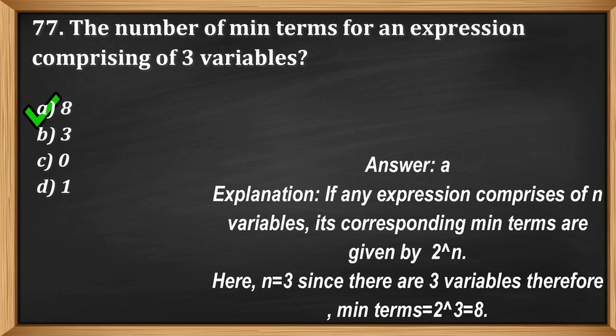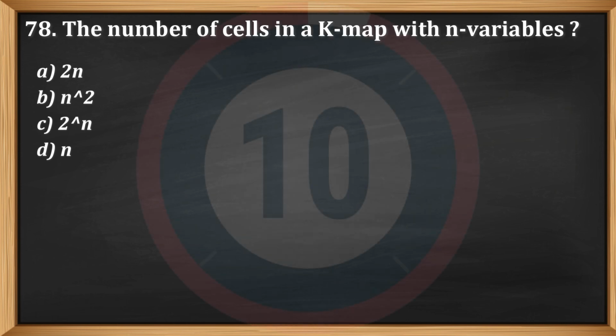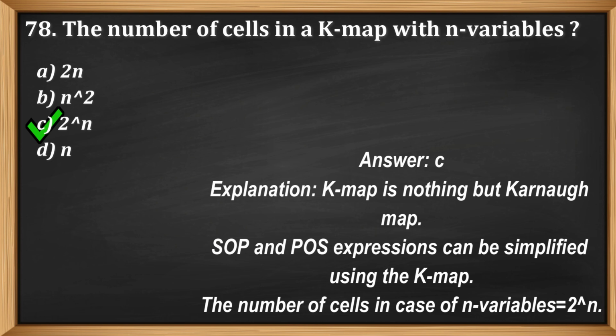The number of min terms for an expression comprising three variables. Option A, 8. The number of cells in a K-map with n variables. Option C, 2 to the power n.